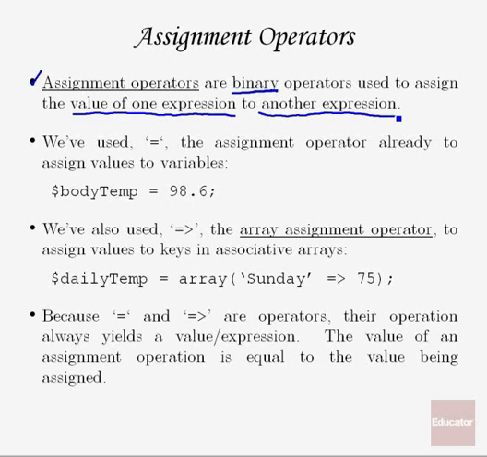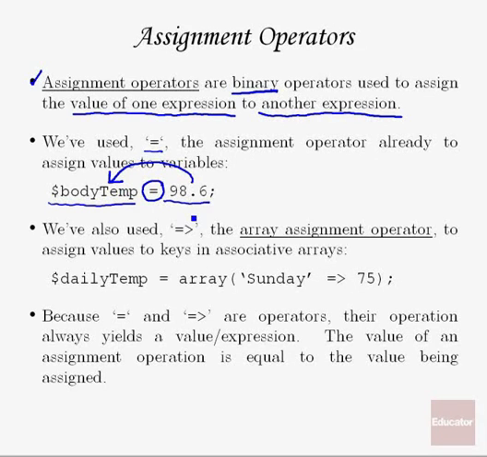For example, with the assignment operator, which we know is the equal sign, we have this expression here, 98.6, the float, and this expression over here, the body temp variable. The assignment operator says take this value and assign it to the variable on the left. So we have two expressions there.